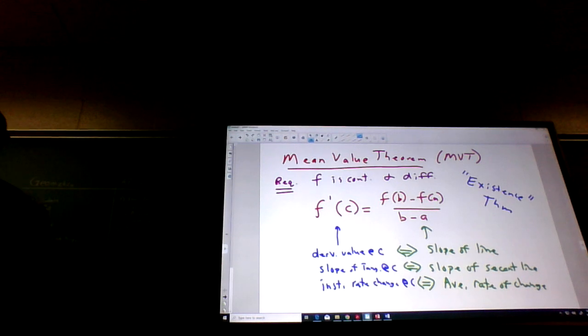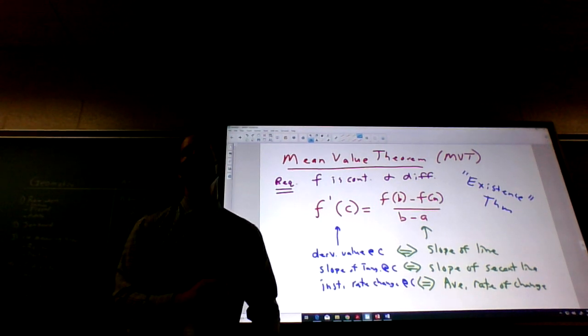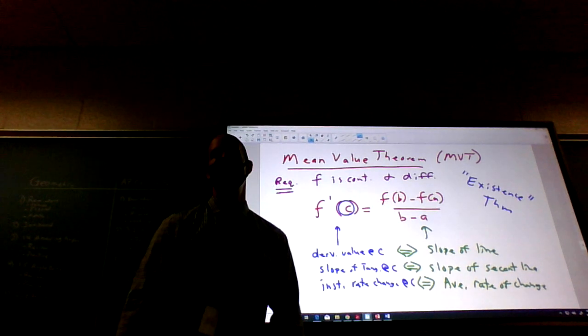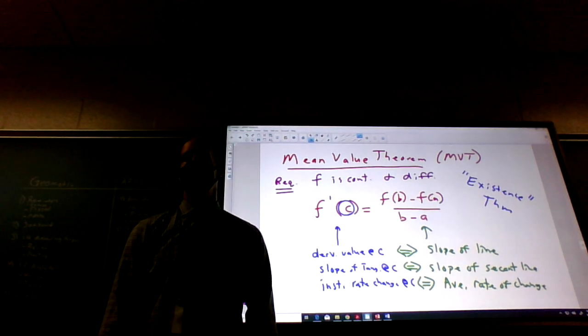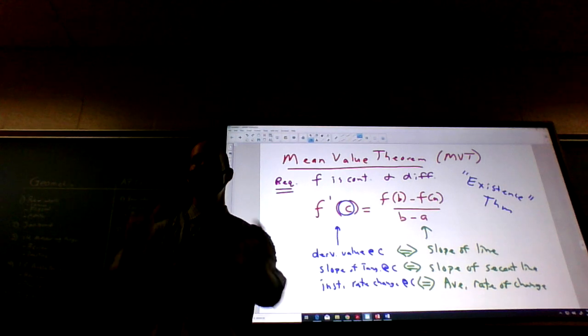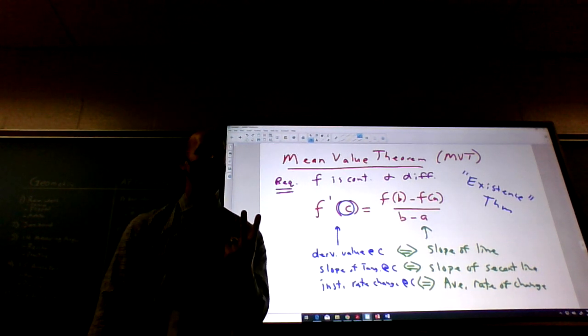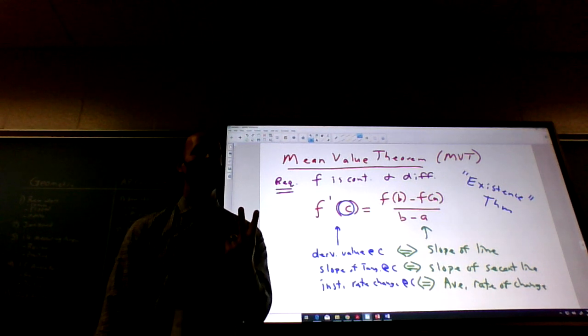What that means is this theorem tells us that this value exists. That's all it tells you. It doesn't tell you where it's at, and it doesn't tell you how many there are. So that's the bad news.